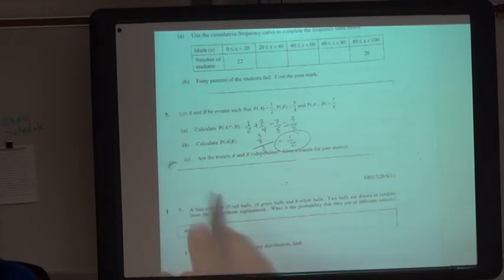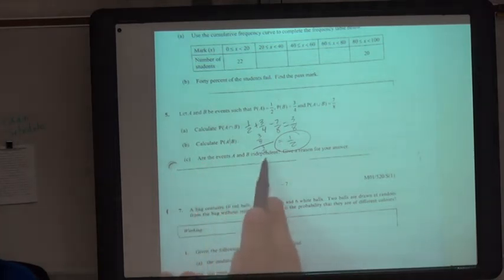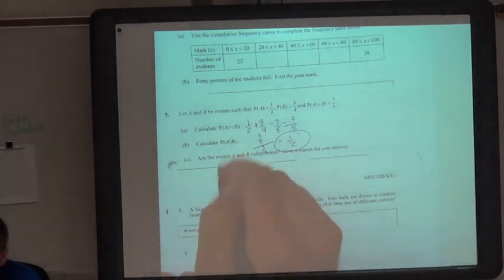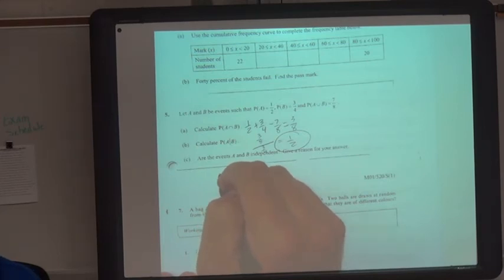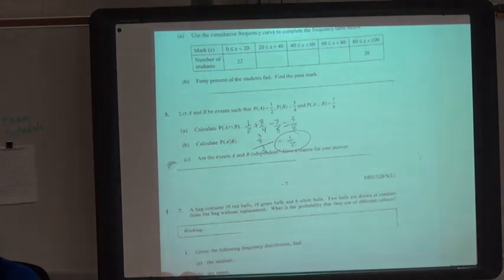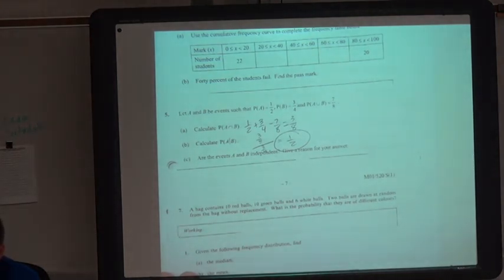Okay. Part C says, are the events A and B independent? Follow me here. If you have B, then 1/2 of the time you will have A. I think you're talking about two different things.